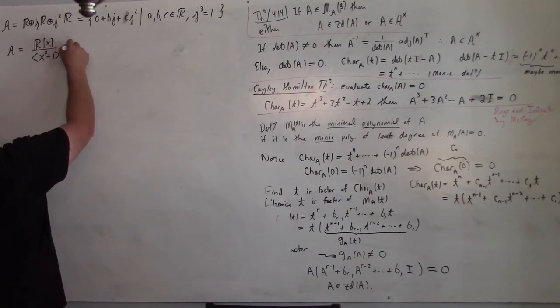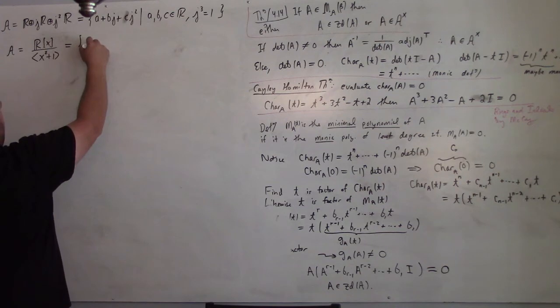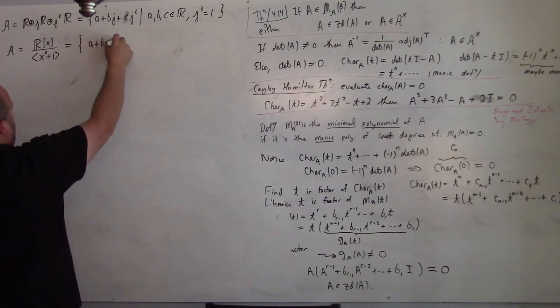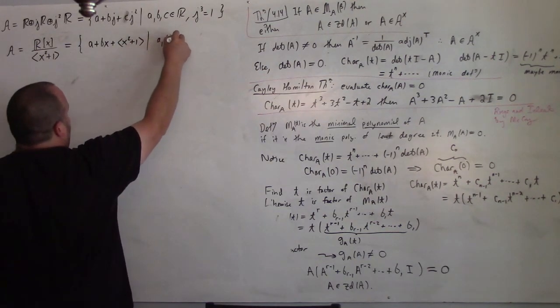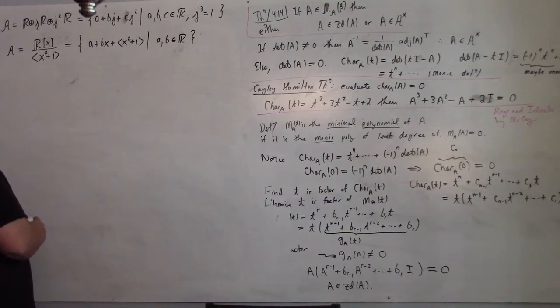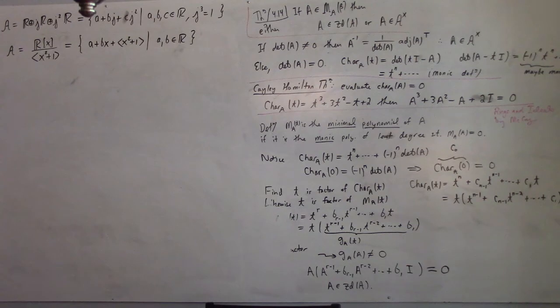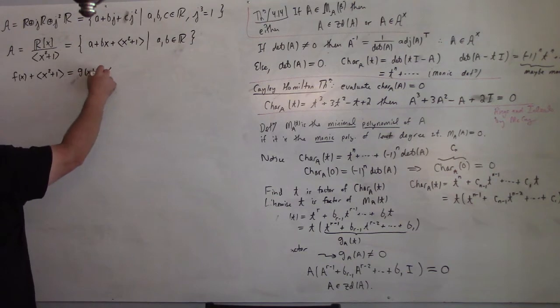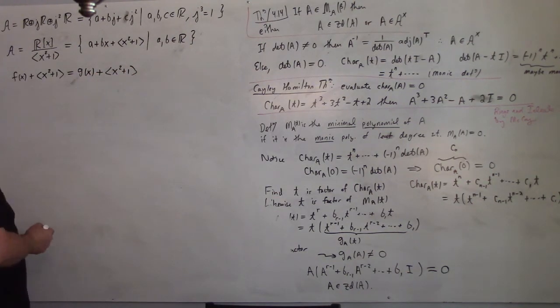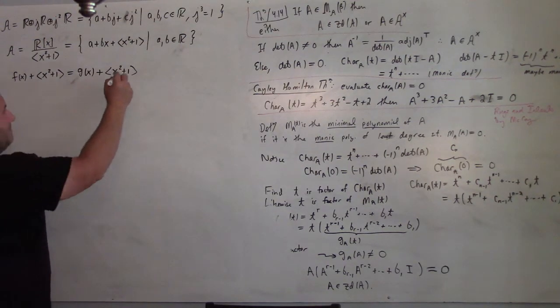It has the form a plus bx plus the ideal generated by x squared plus 1. The rule in this quotient ring is that f of x plus the ideal generated by x squared plus 1 is equal to g of x plus the ideal generated by x squared plus 1.